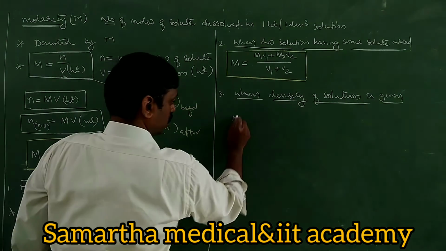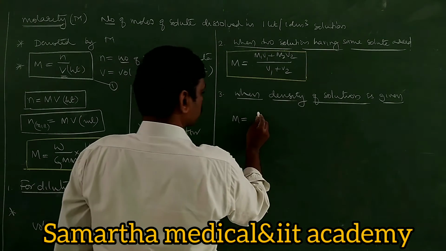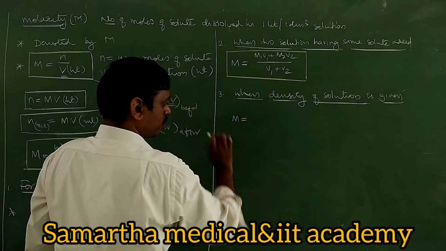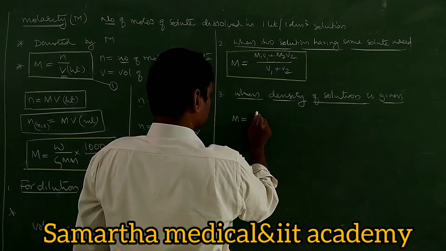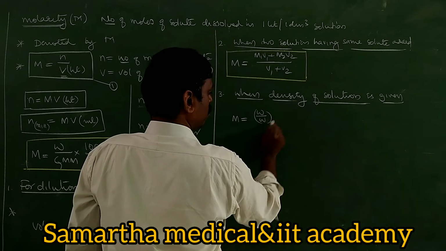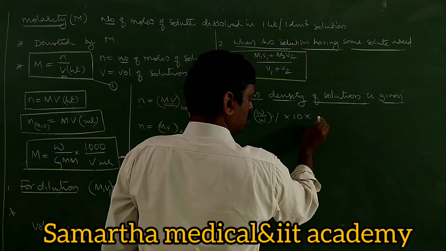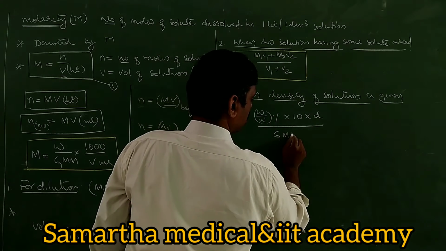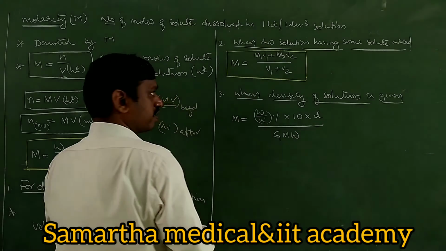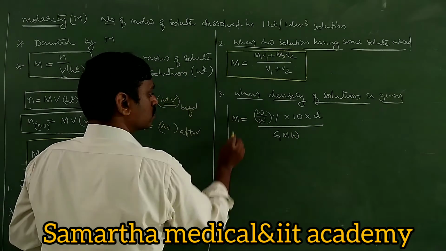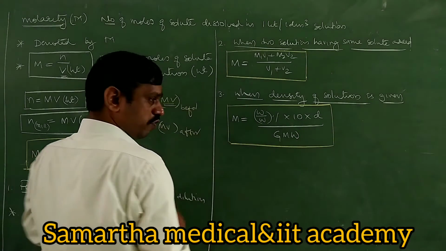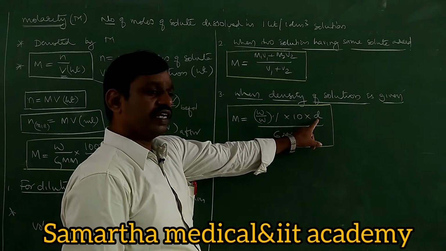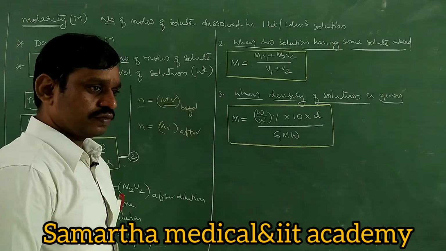Molarity is equal to W by W percentage into 10 into density divided by gram molecular weight. You can remember this formula directly. W by W percentage we have studied, and 10, and D is the density of the solution.